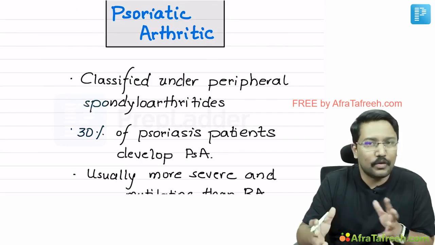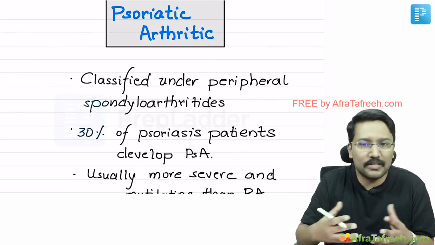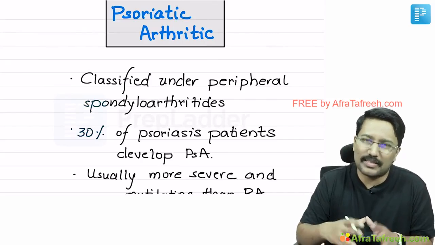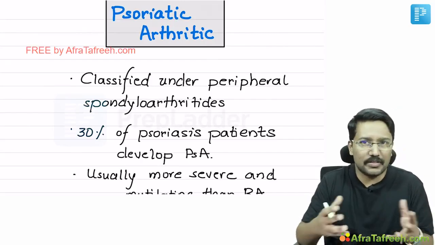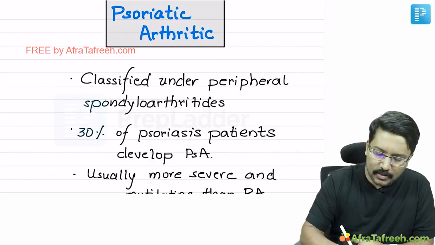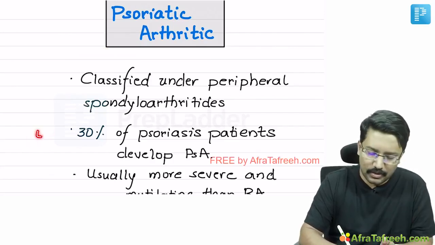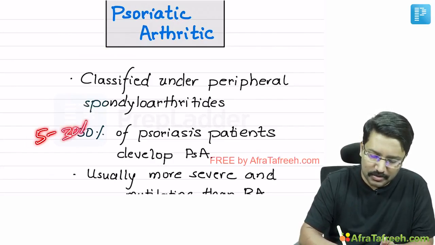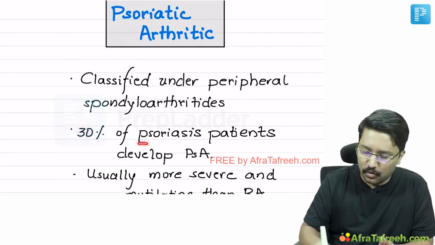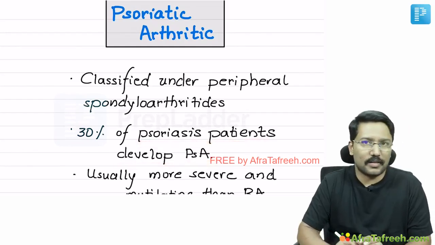And roughly 1/3 of those patients may go on to develop psoriatic arthritis. The numbers vary depending on which source and what study you're quoting. Some books mention as low as 5, some go on to mention a little higher. So roughly you can say 5 to 30% of the patients of psoriasis go on to develop psoriatic arthritis.